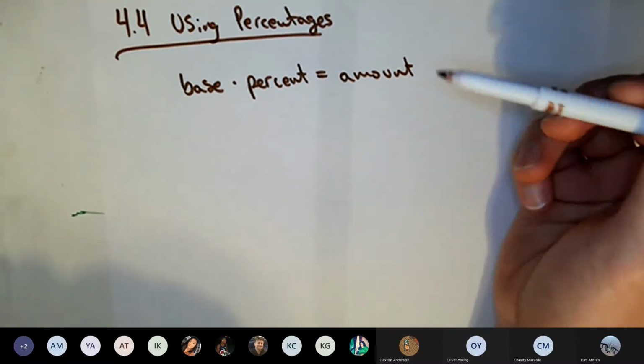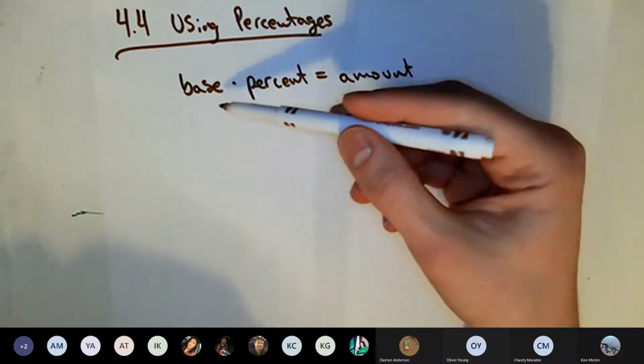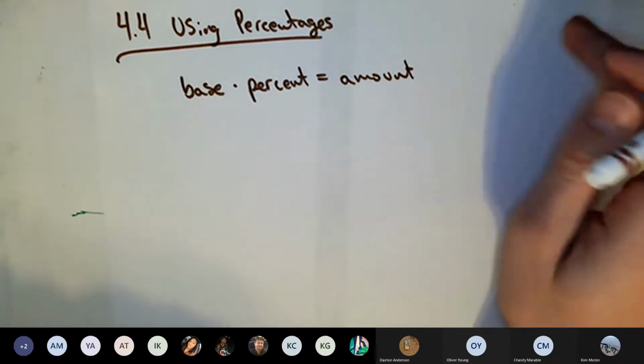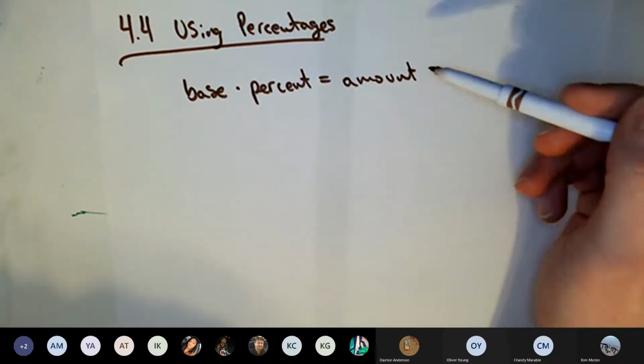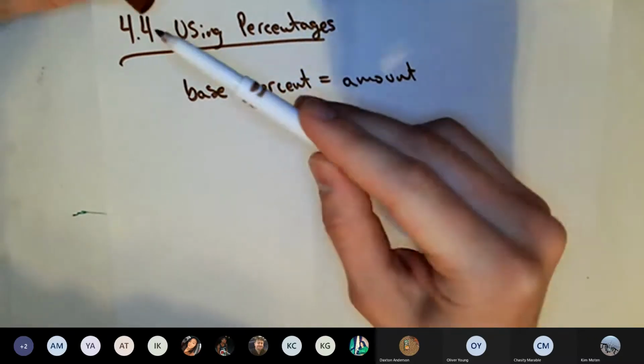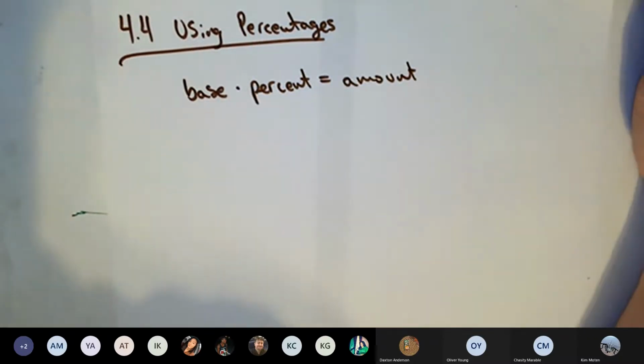And this is going to be helpful for problems where you're asked to find a base number or find a percent, because probably most of us, if we're asked to find the amount, once you learn how to multiply the number by the percent, then it's relatively easy to figure out these problems.